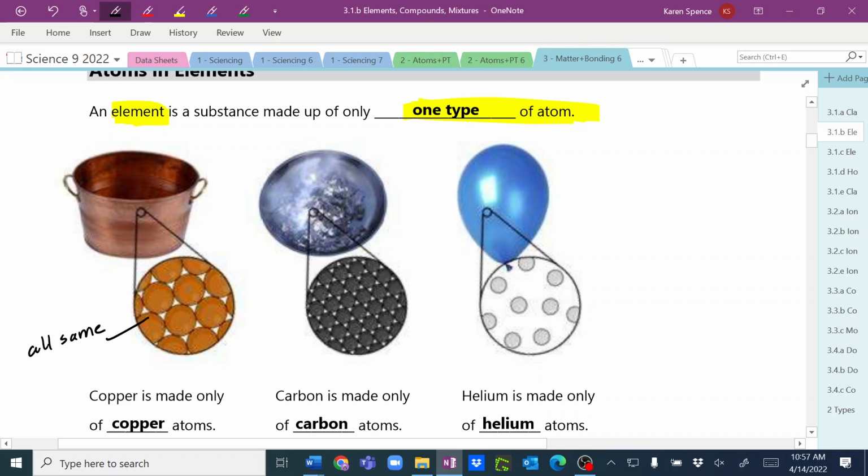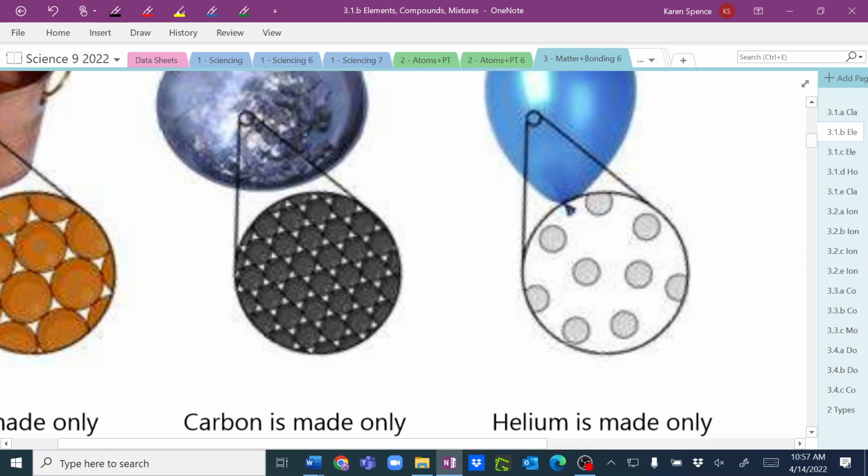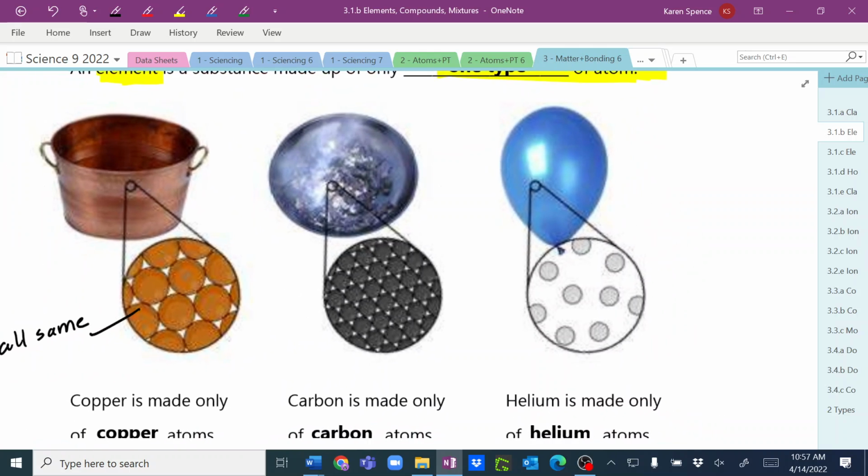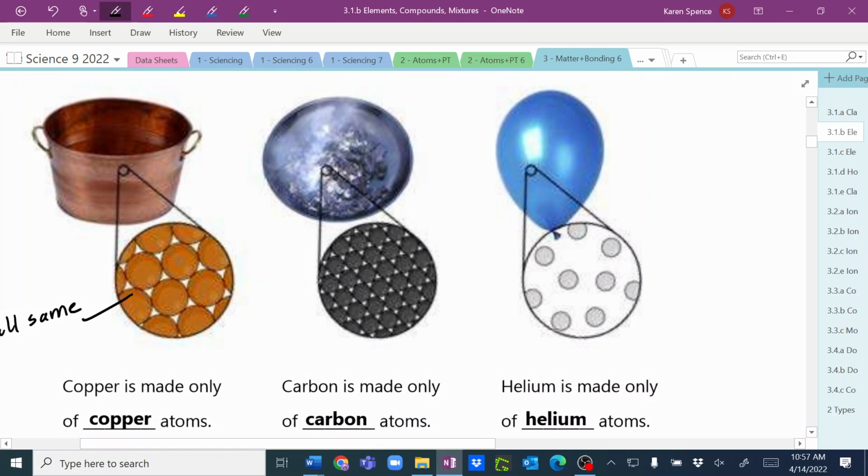This is not a particularly good picture. They're supposed to be little black circles. Carbon is made, and this would be like charcoal, or the graphite in your pencil is also made of carbon. These are all carbon atoms. Helium is made of only helium atoms.